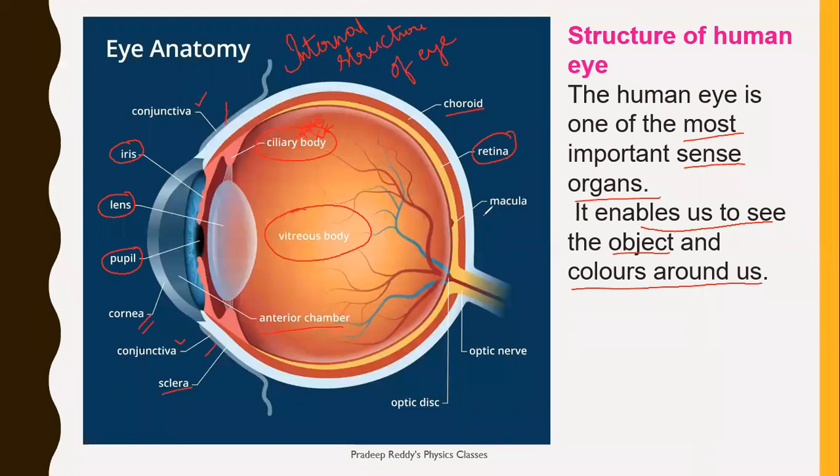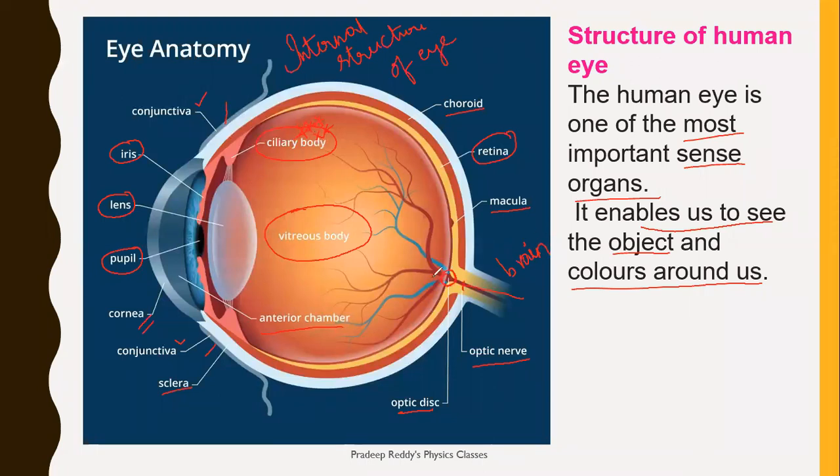And next is macula, and then optic nerve, and then optic disc. Now this is optic disc, and this is optic nerve, and this optic nerve is connected to the brain.